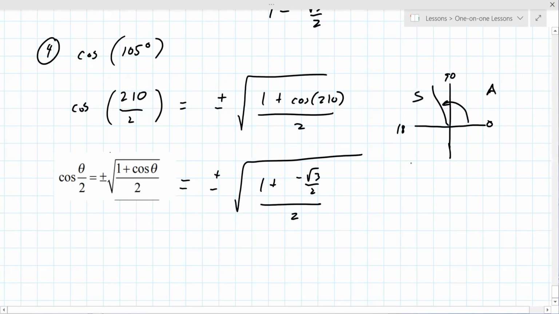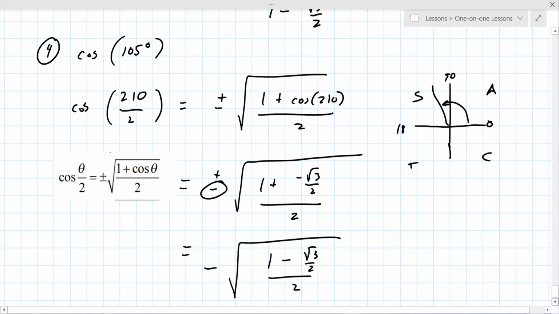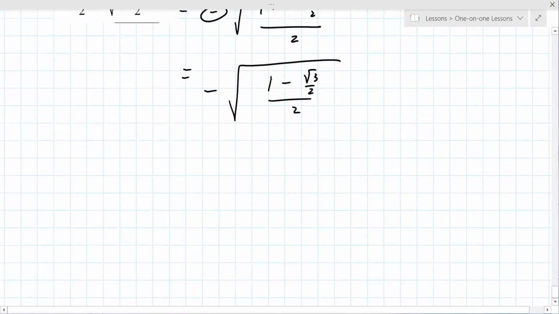All students take calculus, so we know that sine is positive in the second quadrant, so cosine must be negative. Then this one reduces: you make a common denominator up here, and then the 2 comes up. We've done this a bunch of times now, so look back if you're not sure, but it comes out to that over 2 with a negative there.